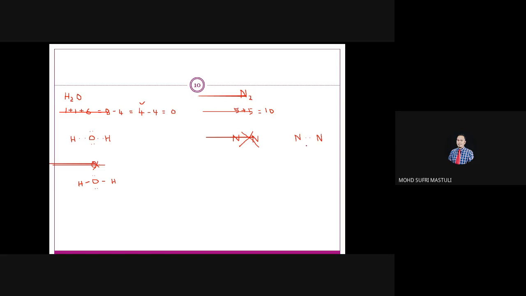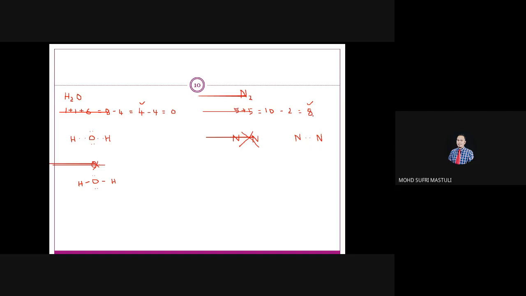As you remember, we connect one atom to another with a single bond, or two electrons, and we have already used 2, so 10 minus 2 is 8. Now we have to distribute the leftover valence electrons around the terminal atoms. In this case we don't have a central atom, so both are terminal atoms because there are only two atoms.